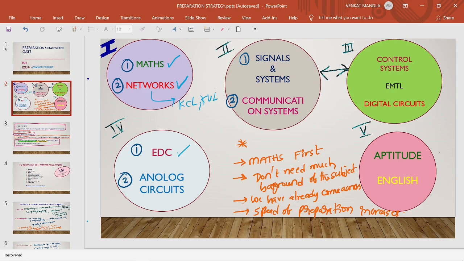That's it, so this is also an easy subject, and it is also useful for our analog circuits. So start this subject immediately after maths. For these two subjects you don't need much background, and that is why I recommended these two first.